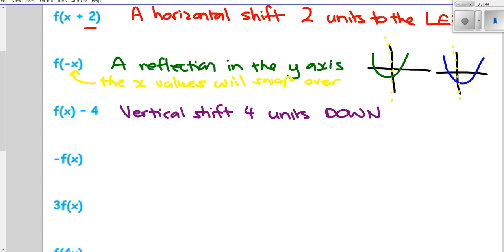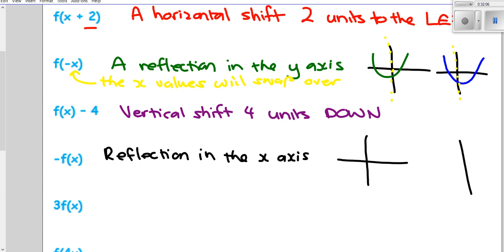Is that the next one? Reflection in the axis. Yeah, it's a reflection in the x-axis, because this will make all the y values swap over. Reflection in the x-axis. A little picture to show that. It's a lovely reflection line.